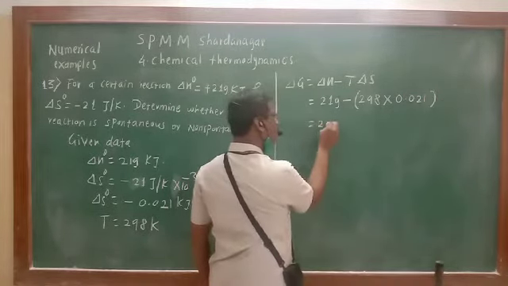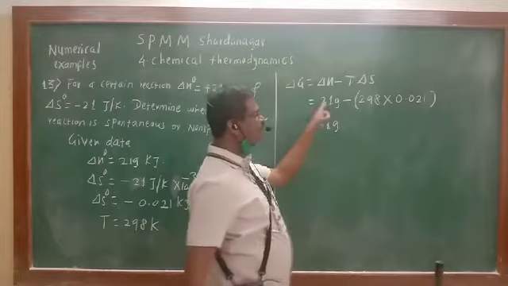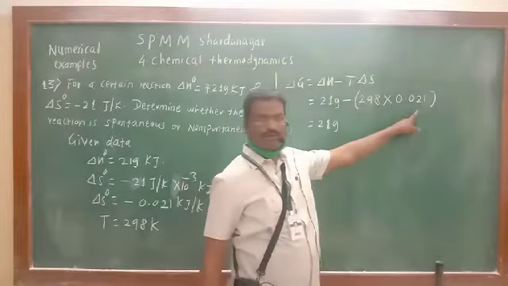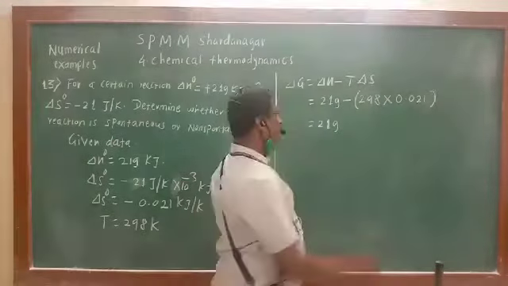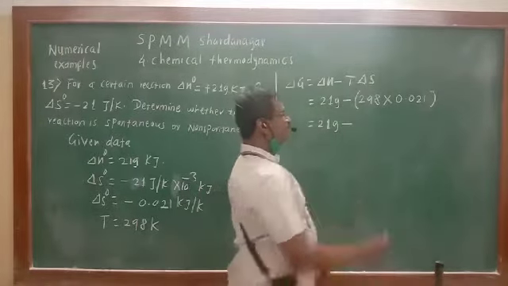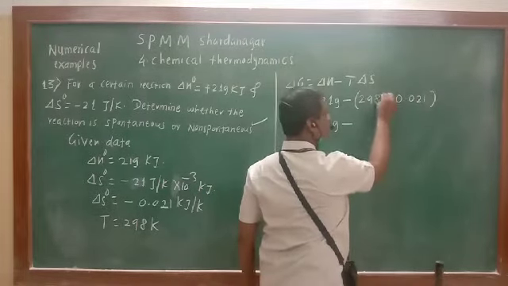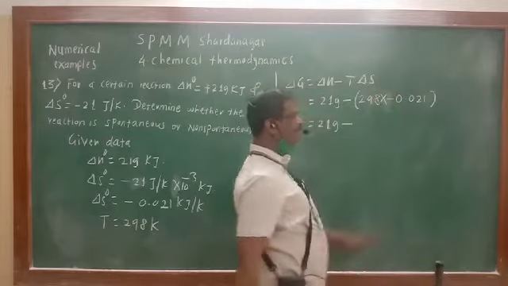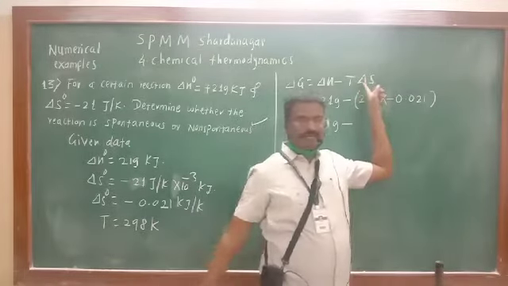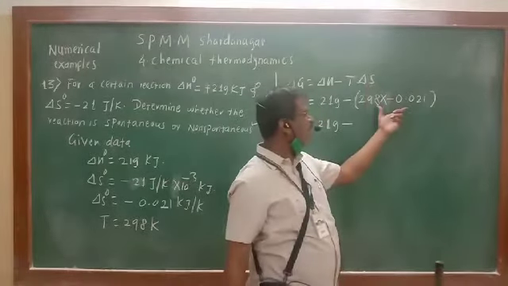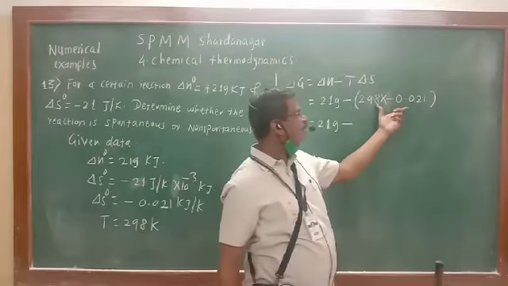So it is 219 in kilojoule. Delta S also in the kilojoule we have taken, minus this multiplication we have to solve. Negative sign. Delta S has given a negative sign. This multiplication we have to solve.